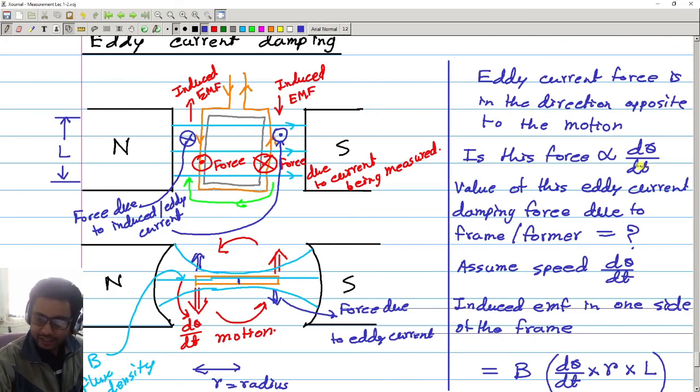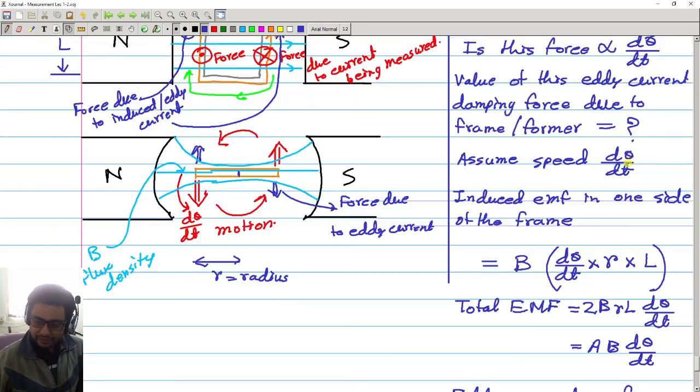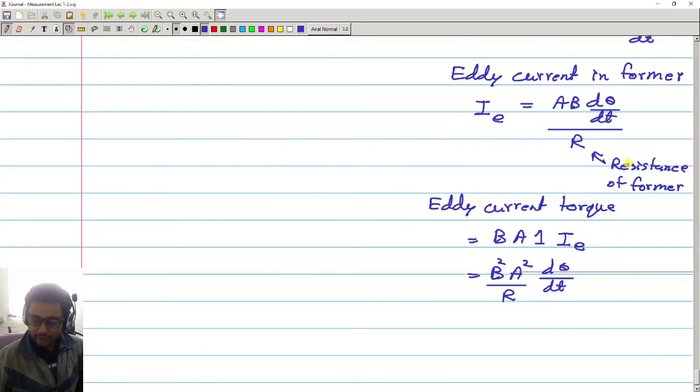So this is exactly like a viscous drag, and this also helps in the damping action.